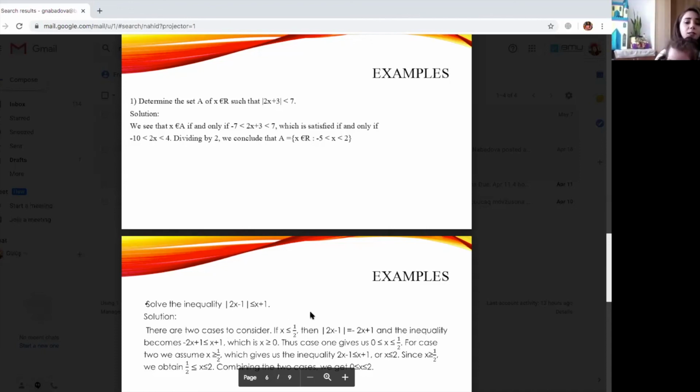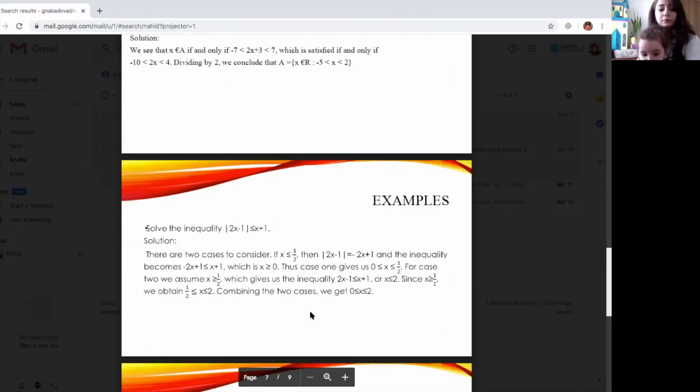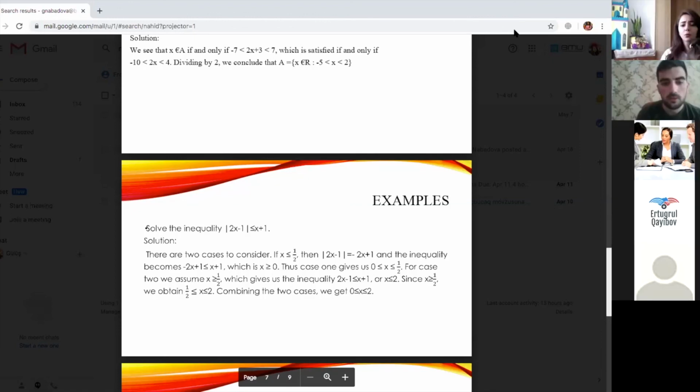Dividing by 2, we conclude that A is equal to the set of x in R such that -5 is less than x and x is less than 2. Yes. And so on.